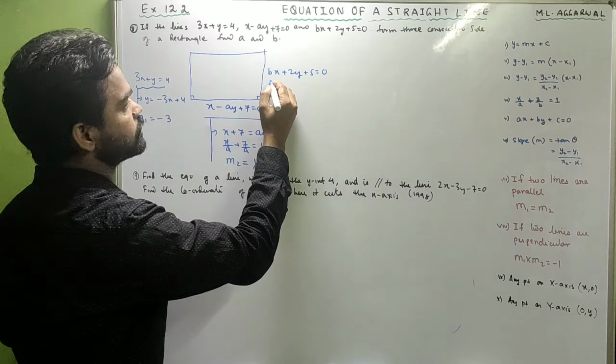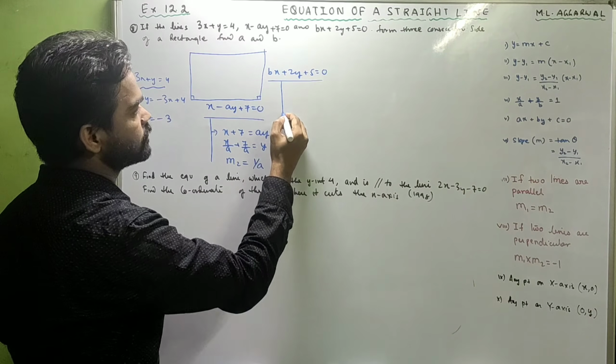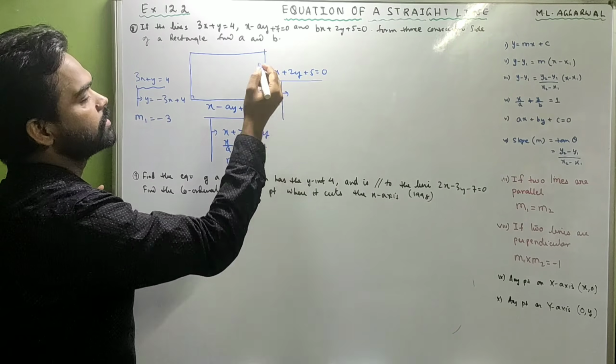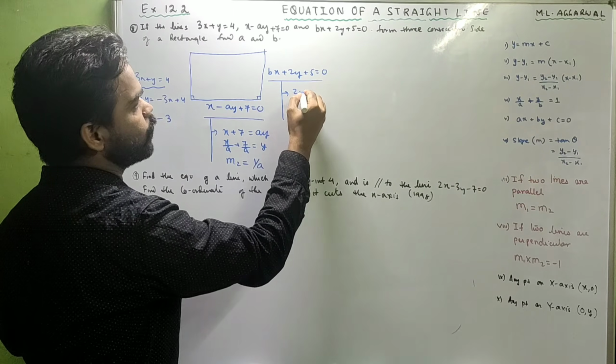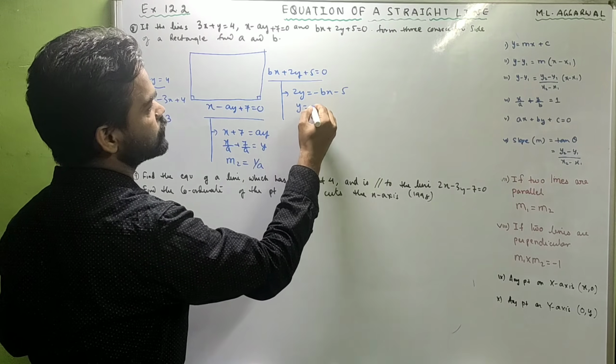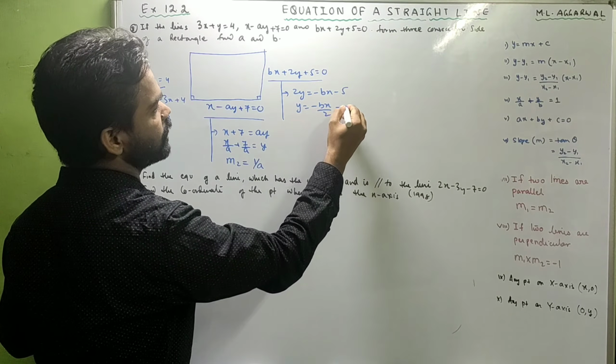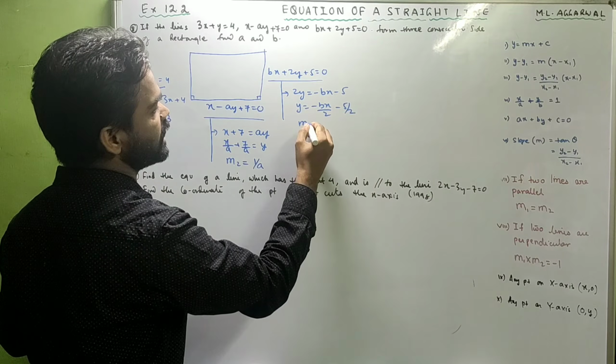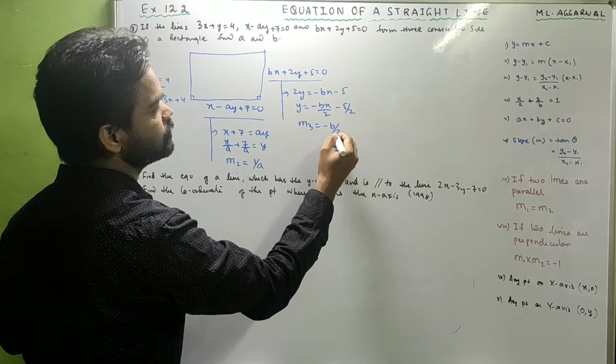Similarly, the slope of this line, look over here, so this is 2y equals minus bx minus 5, which means y equals minus bx by 2 minus 5 by 2, which means m3 is minus b by 2.